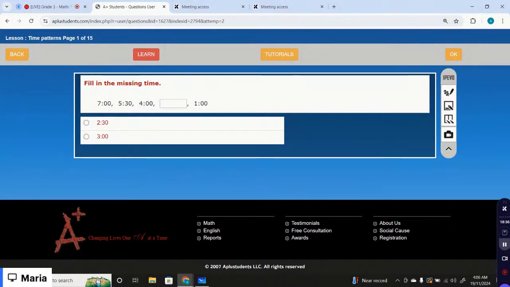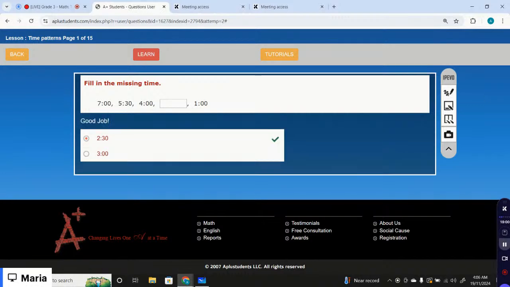The correct option is the time is decreasing by 1 hour and 30 minutes, right? Because from 7 to 5:30, that is 1 hour 30 minutes. Then 5:30 to 4, the time is decreasing by 1 hour 30 minutes, right? So from 4 minus 1 hour 30 minutes is 2:30. Very good. Option number 1 is the correct option.